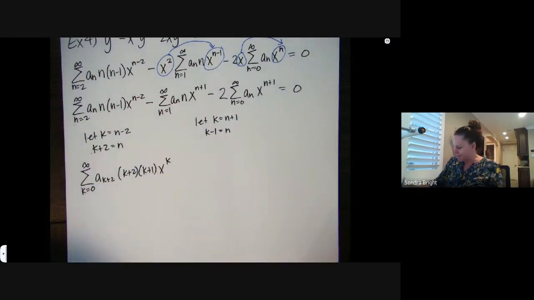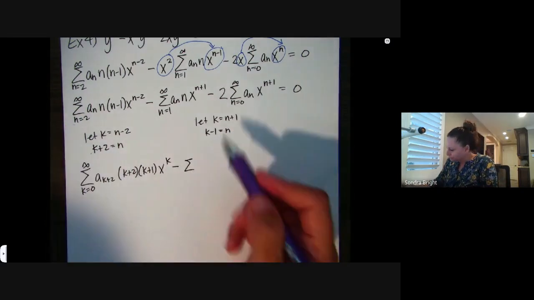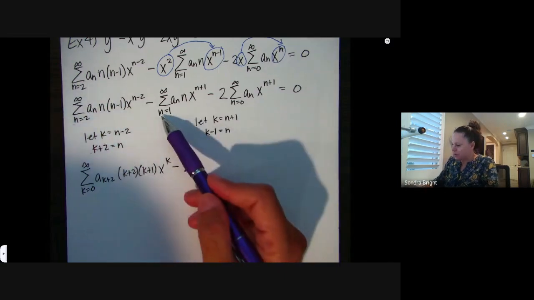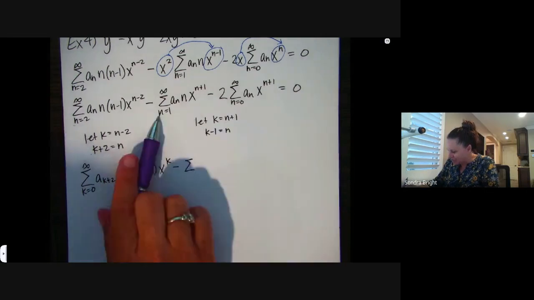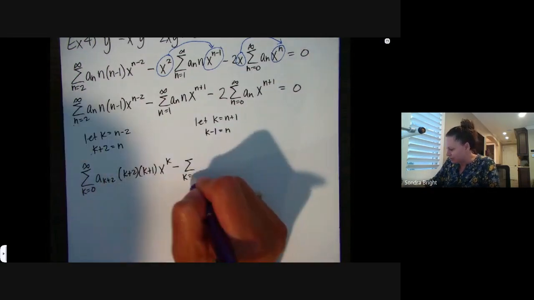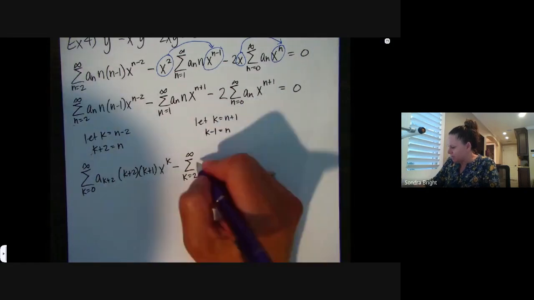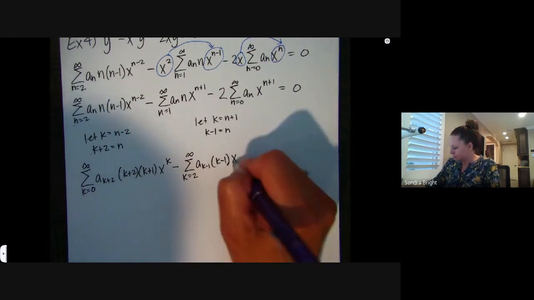And then a minus. I'm letting n be k minus 1, which means this guy, when you do k minus 1 equals 1, means this guy's going to be starting with k equals 2 to infinity of a sub k minus 1 times k minus 1 times x to the kth power now.